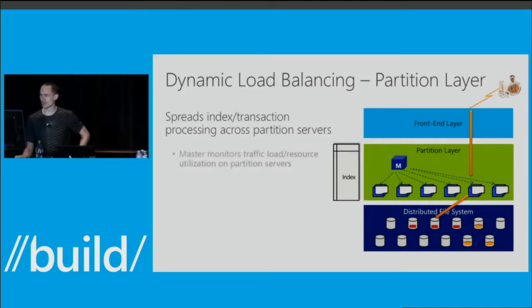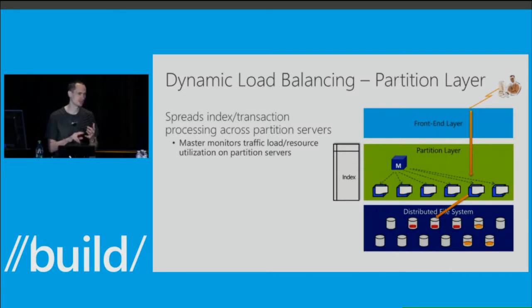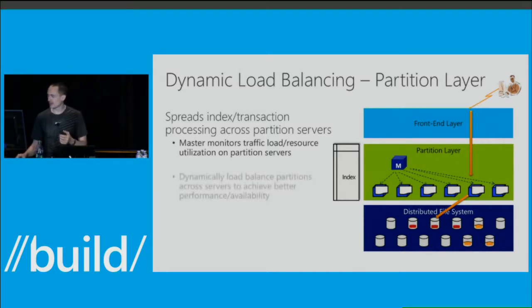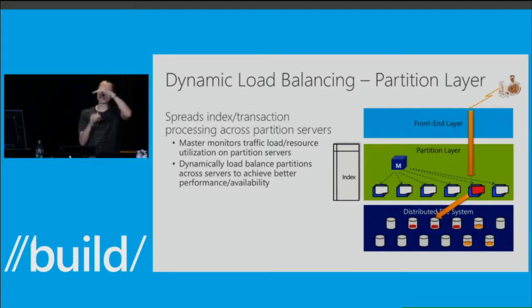So we have this master here. This master is continuously monitoring the load to the partition servers, as well as to each partition. And let's assume that it finds, for example, one of the partitions is getting too hot.